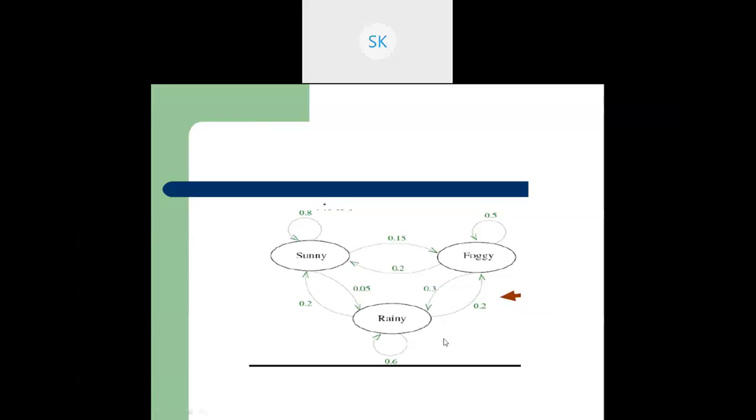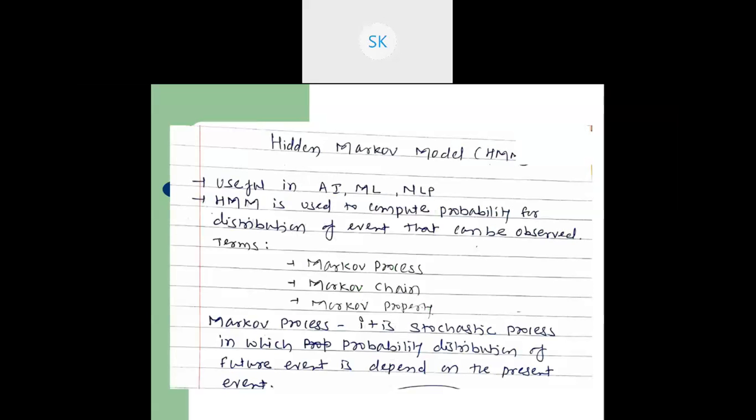Another observation is a person wearing a raincoat. That will be the observation or evidence at the raining state. These observations are not shown here; they also come with some probability, and that is termed the emission probability.